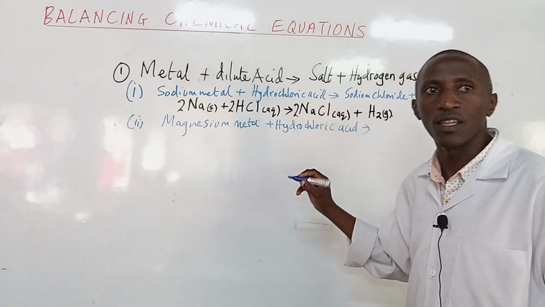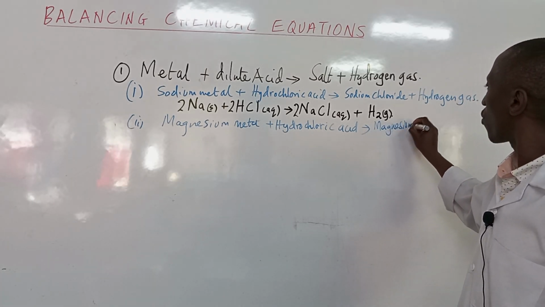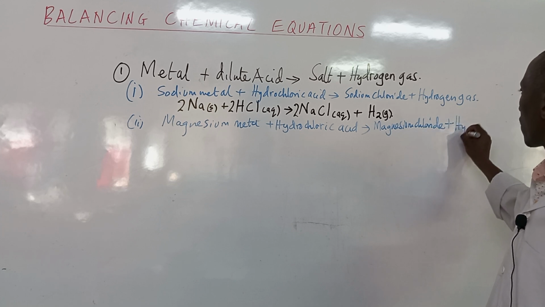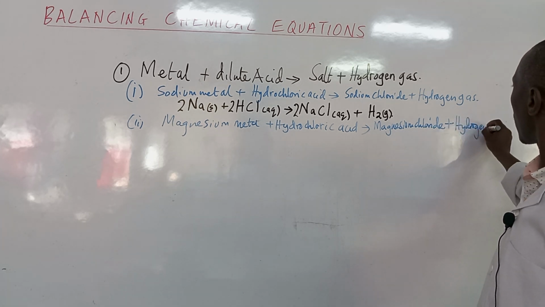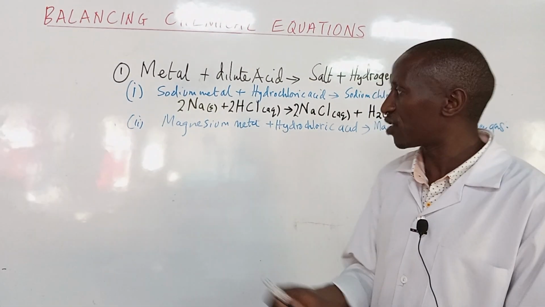That should give us the products magnesium chloride and hydrogen gas. Now, let's look at symbolically how that equation is supposed to be.